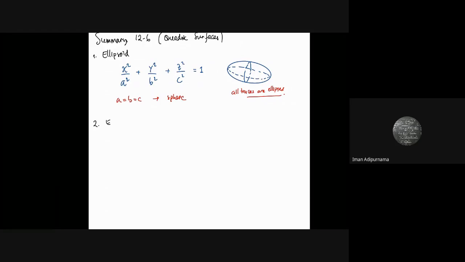Okay, the second one is the elliptic paraboloid. It has two squared terms, x squared and y squared. It can be x squared, z squared, or y squared, z squared. It's okay as long as it has two squared and one linear like that.